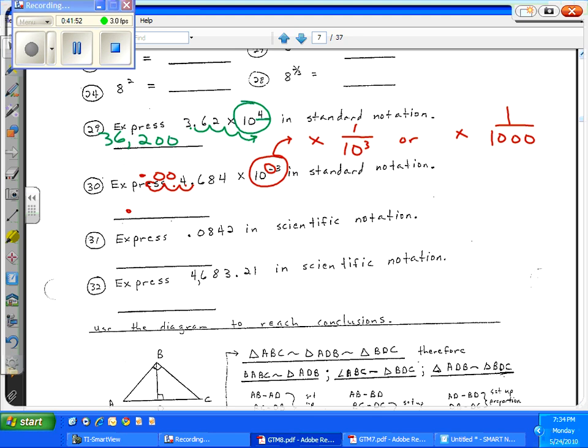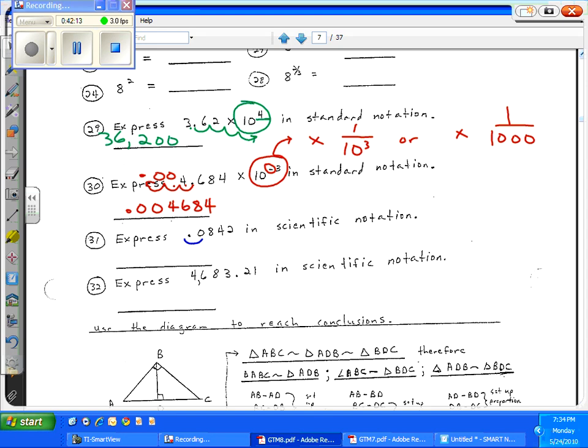So it's actually going to get smaller by multiples of 10. 3 moves puts our decimal here, fill in the zeros, 0.004684. Okay? Remember that the negative is a command to reciprocate. So we're really dividing by tens instead of multiplying by tens when the exponent is negative.